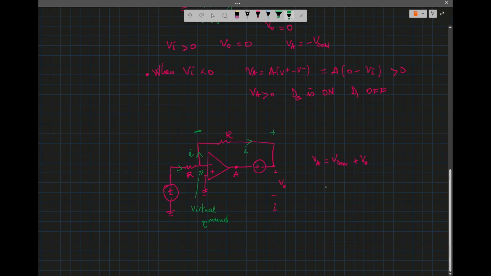So V0 will be equal to negative R times I. So what is I?